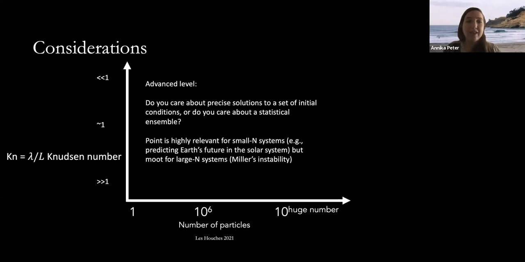Then, to answer the question that came before, another thing to consider is whether you care about precise solutions to your problem, or whether it makes more sense to think about a statistical ensemble of possible solutions. If you care about some near-Earth asteroid hitting the Earth, you really care about exactly solving a set of initial conditions.